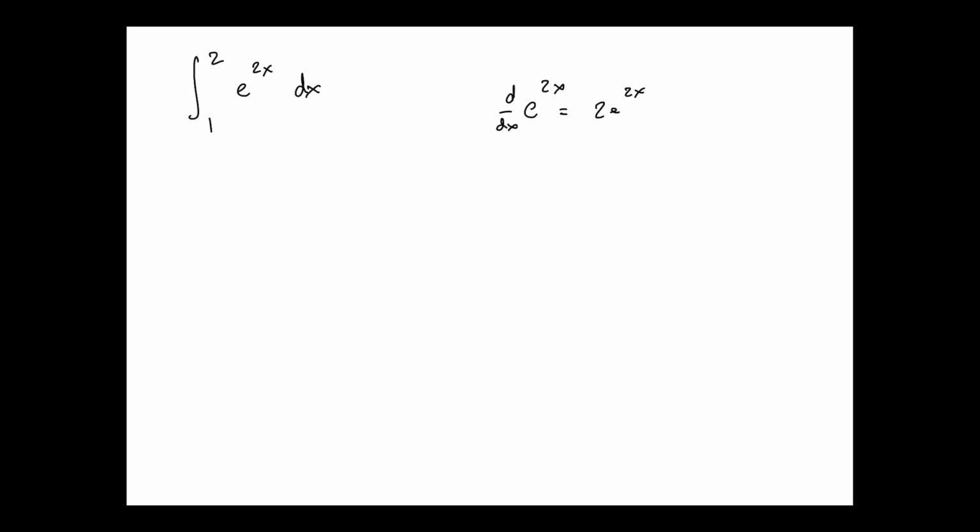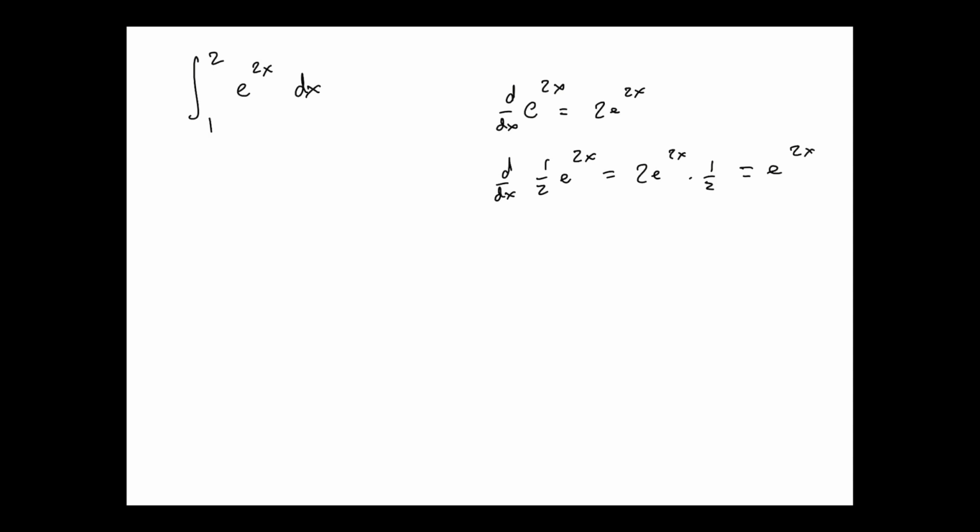But that's twice what it's supposed to be. So that's not quite the right answer. But what could we do, Mark? Let's throw a 1/2 out front. And what does that equal?